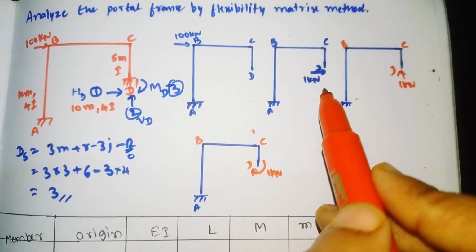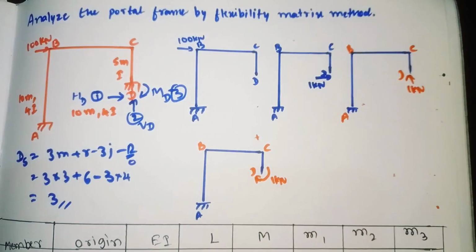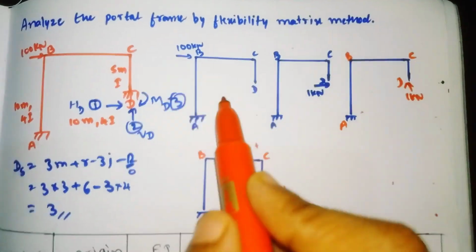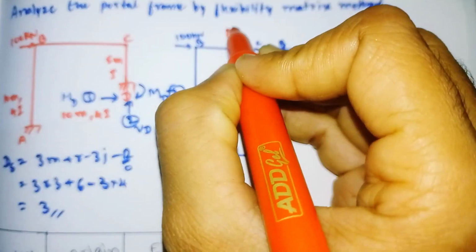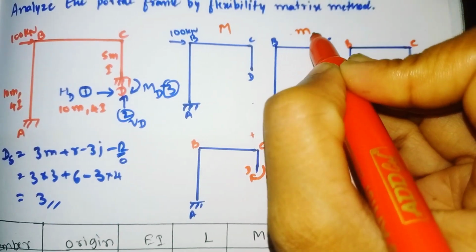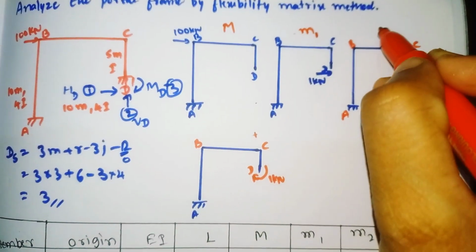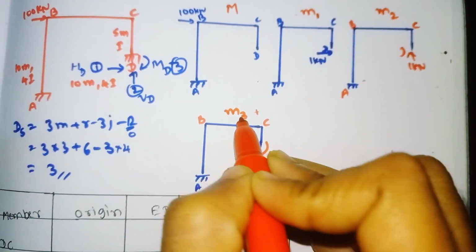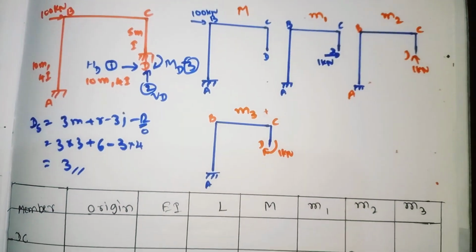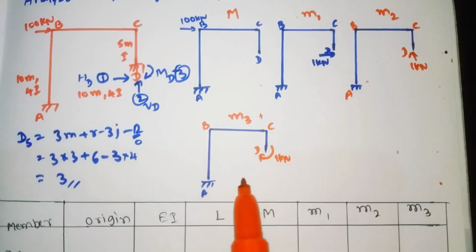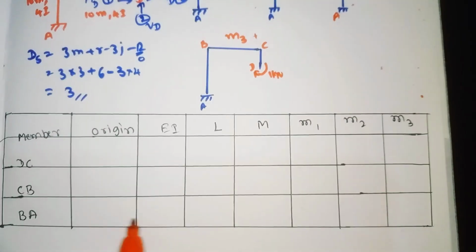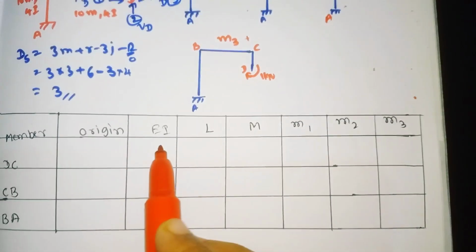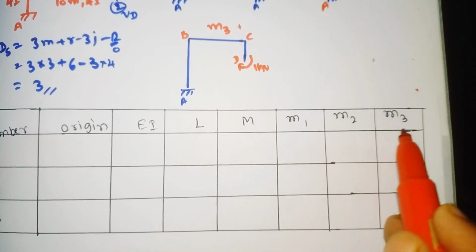This is called M, capital M. This is the M1 coordinate, moment of coordinate number 1, this is M2, moment of coordinate number 2, and this is M3, moment of coordinate number 3. Now what we have to do is draw the unit load table like this and fill it in, with the member, origin, EI, limit, M1, M2, M3.